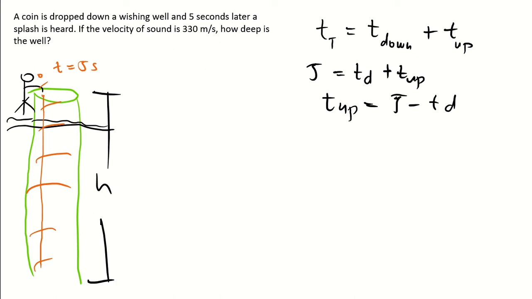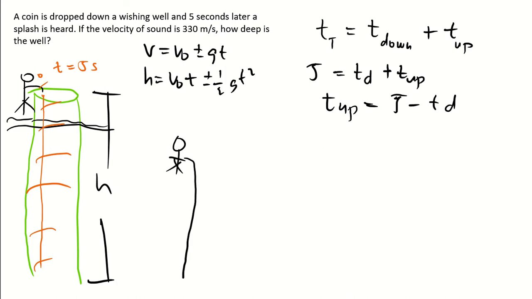Now, going back to the kinematics formula, we have V final equals V initial plus minus gt, and S or H equals V initial t plus minus 1/2 gt squared. Now, we have two formulas. The formula which is about the height of the well when the coin is dropped. Di ba makukuha natin yung height ng well kapag, alalahanin nyo kanina, drop ka ng coin.